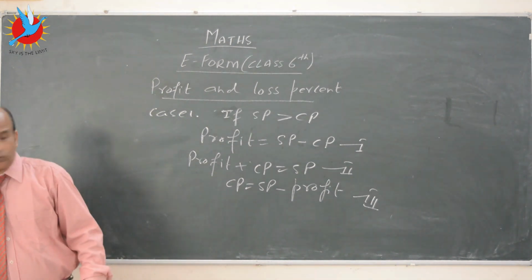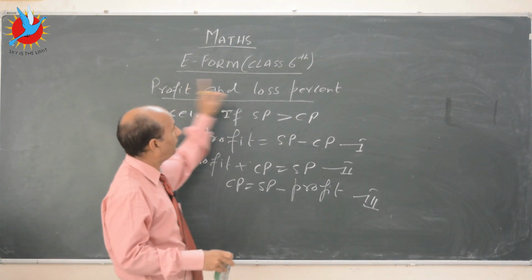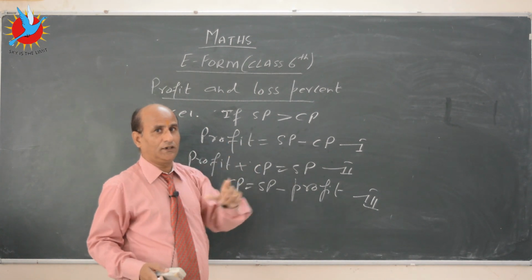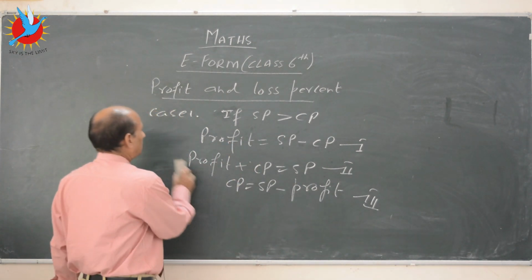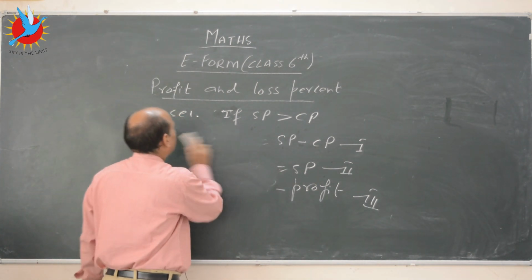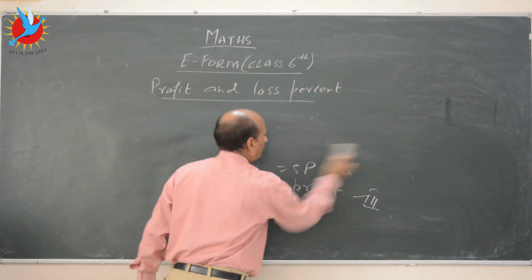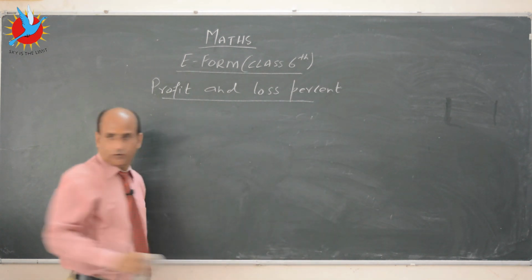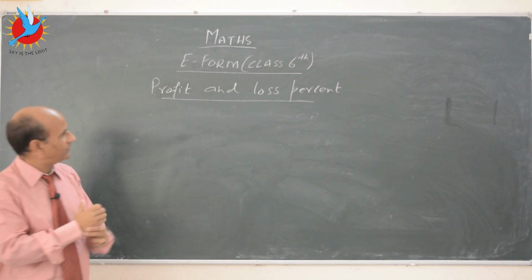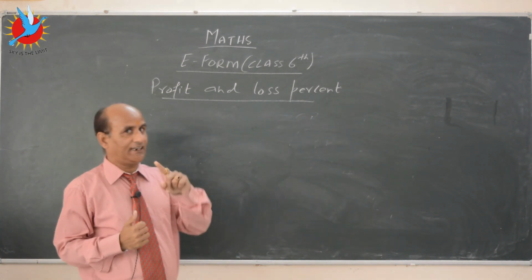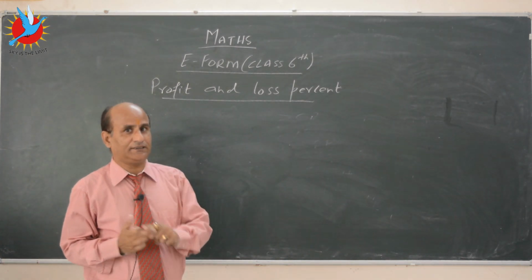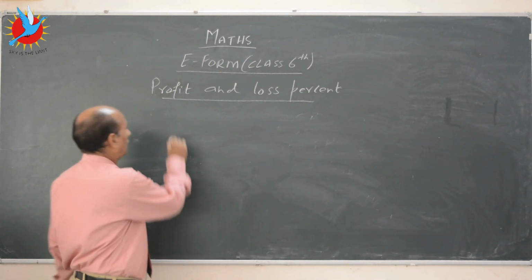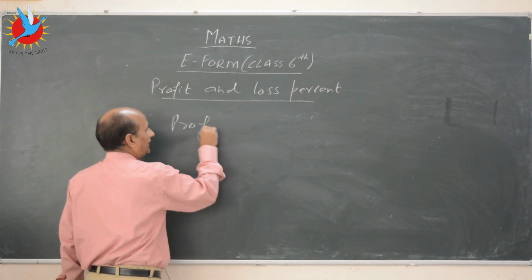Now how to find the profit percent. This is the new one for this chapter. For finding the profit percent, you have to know three things. First, the profit, and the second is the base price. What is the base price? That is the cost price.